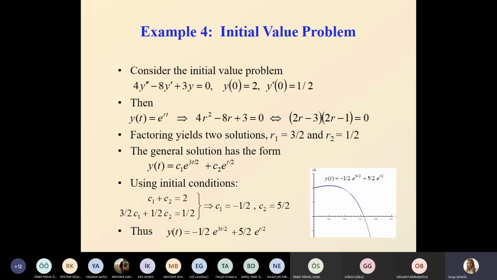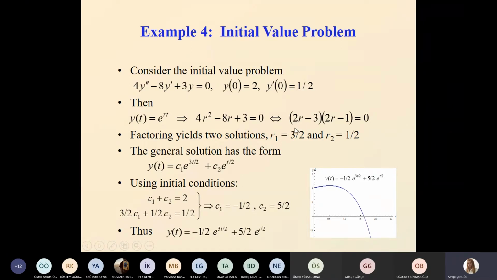And another one. Here you go. We have the second order differential equation. Initial conditions are given. And we know that our solution is in the exponential form. So if I plug in the exponential form, I know that my characteristic equation will be a r squared plus b r plus c. So 4r squared minus 8r plus 3 is 0. And this is factorable.